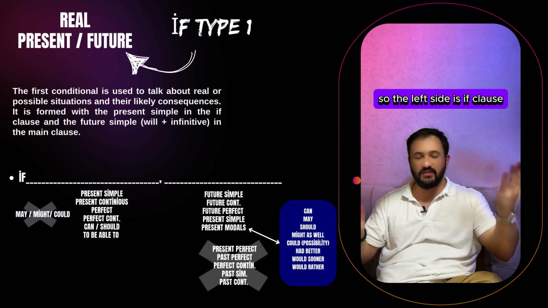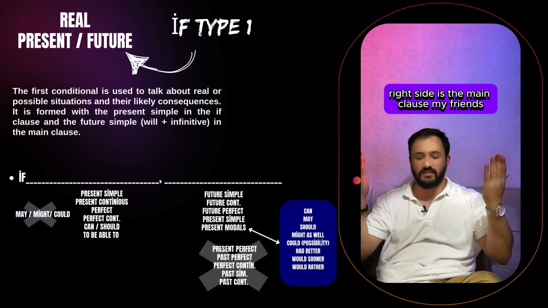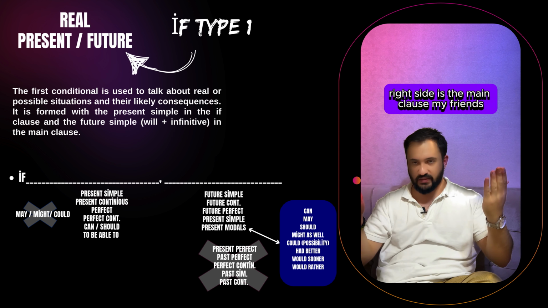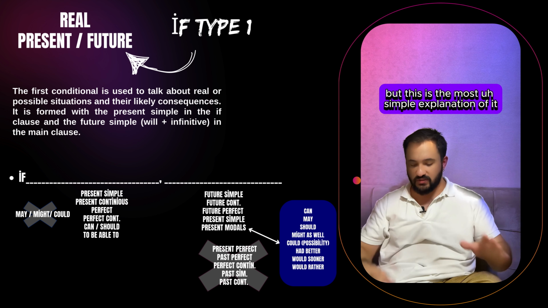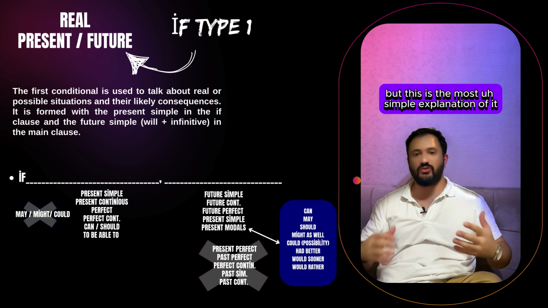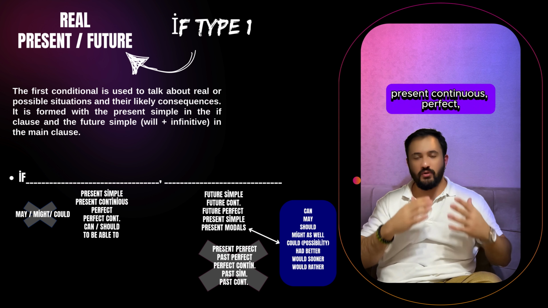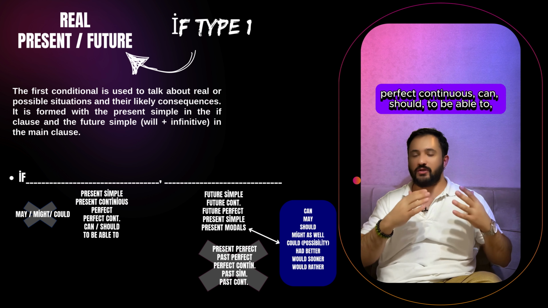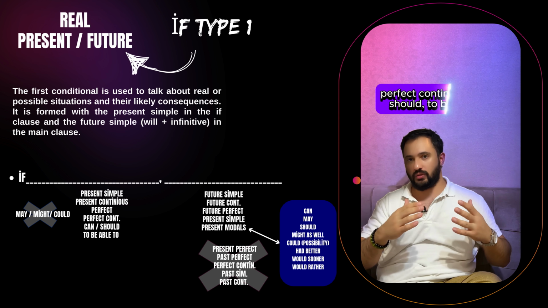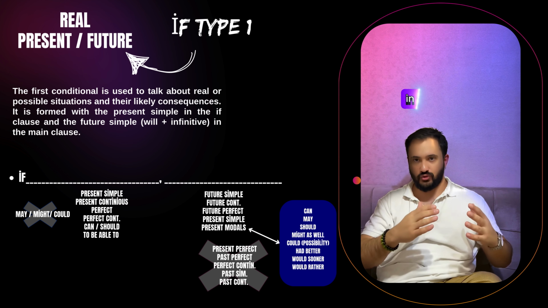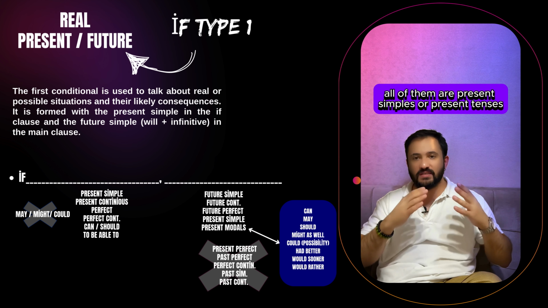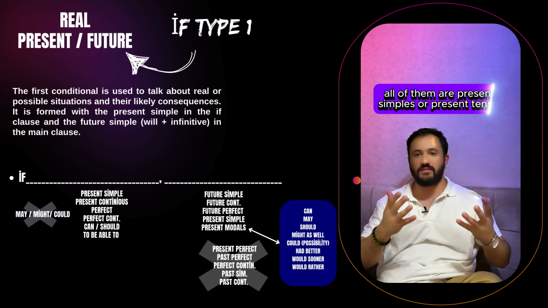So the left side is the if clause, the right side is the main clause, my friends. But this is the simplest explanation of it. We can use present simple, present continuous, present perfect, present perfect continuous, can, should, be able to in the if clause. All of them are present tenses.